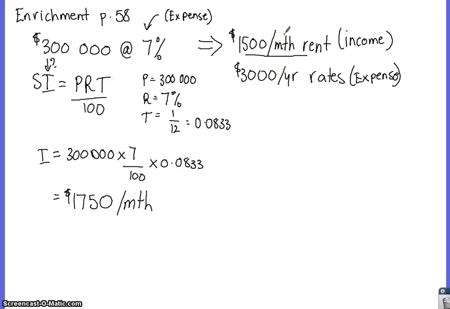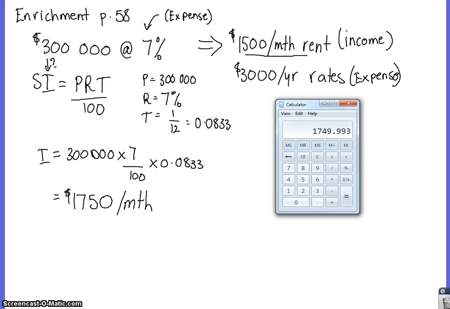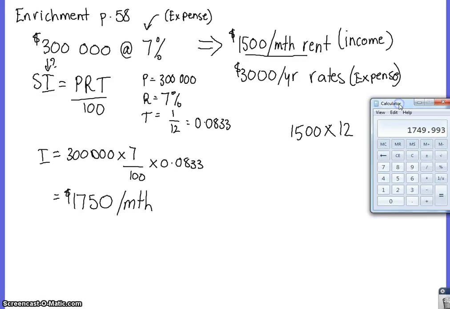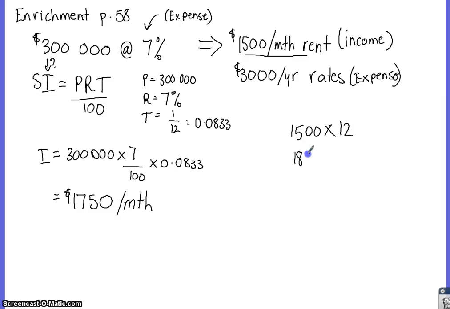Times that by 12. That'll give you your total income. It was 1,500. I didn't miss one off, did I? Yeah, 1,500 times 12 will give you what our income is for the year. So income is 18,000.